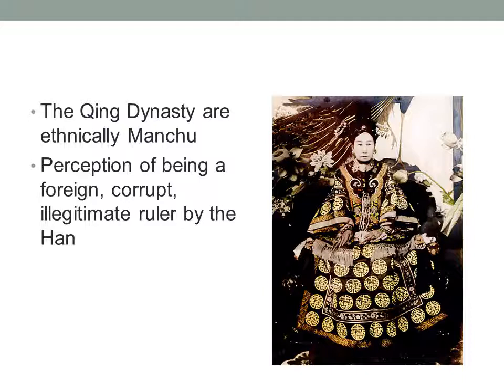And so, as Manchu, they are perceived as being foreign, and that foreignness is closely connected to the corruption of the state apparatus, and they are illegitimate rulers. So that lack of legitimacy, the basis of it being the perception of their foreignness, means that they have increasingly greater difficulty in controlling the country.